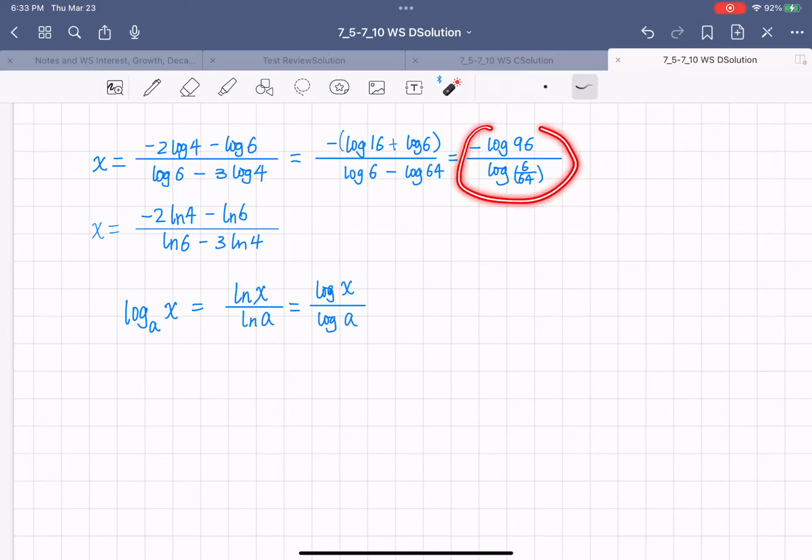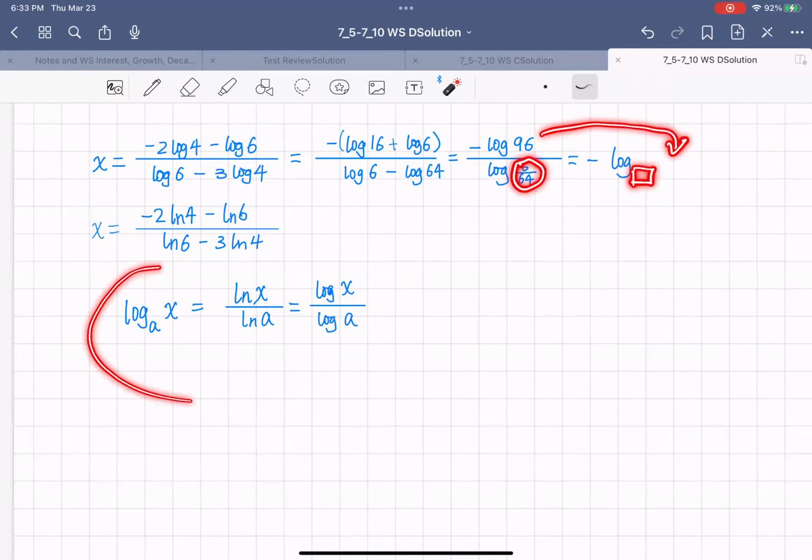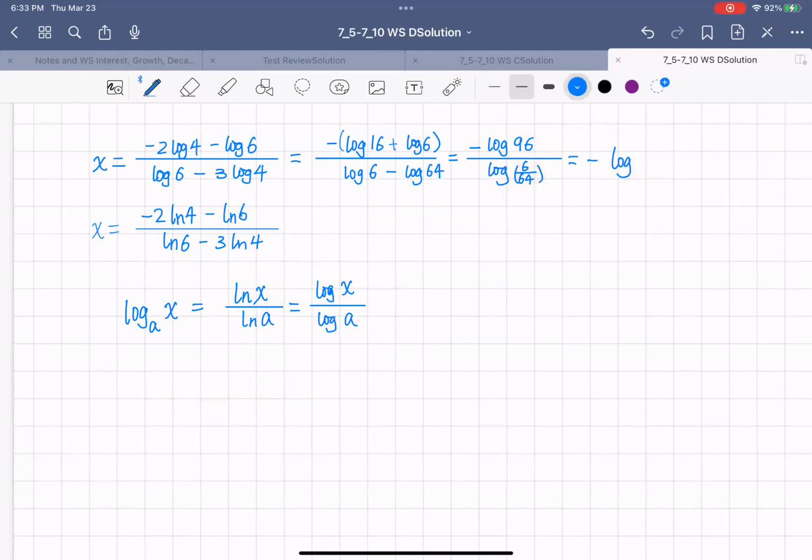So if we manipulate with this formula, you can leave the negative outside. I can treat this as my base number here, and I will put 96 over here based on this base change rule. Does this make sense to you? You put 6 over 64 over here, and you put 96. That's what's going on.